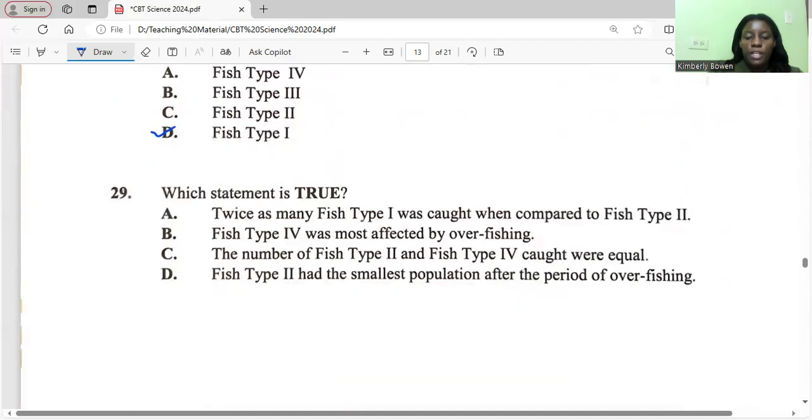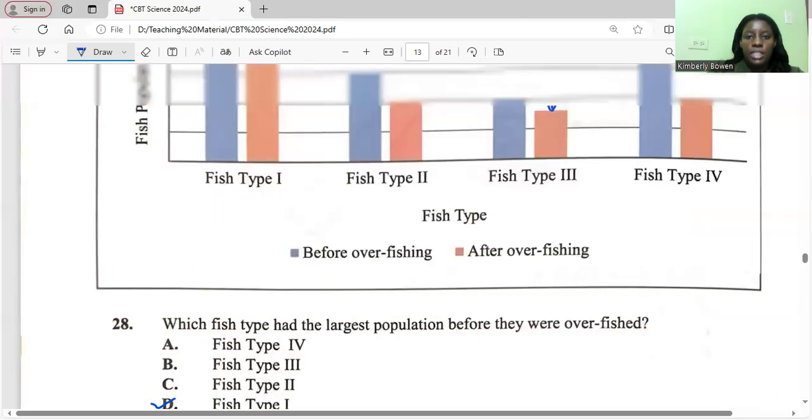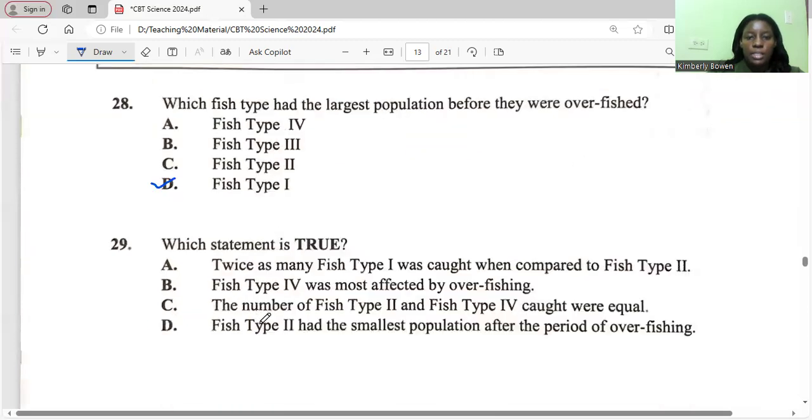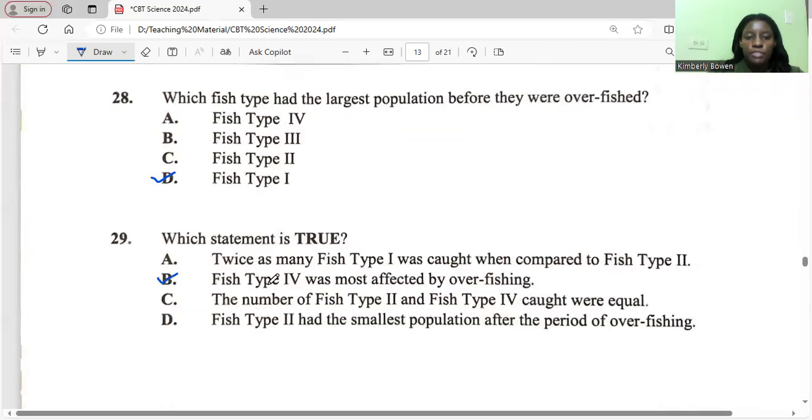The number of fish type 5 caught is twice the number of fish type 2 caught. Fish type 2 had the smallest population after the period of overfishing. Look at it. No, because fish type 3 still has the smallest population. So the correct answer is B. Fish type 5 was most affected by the overfishing.